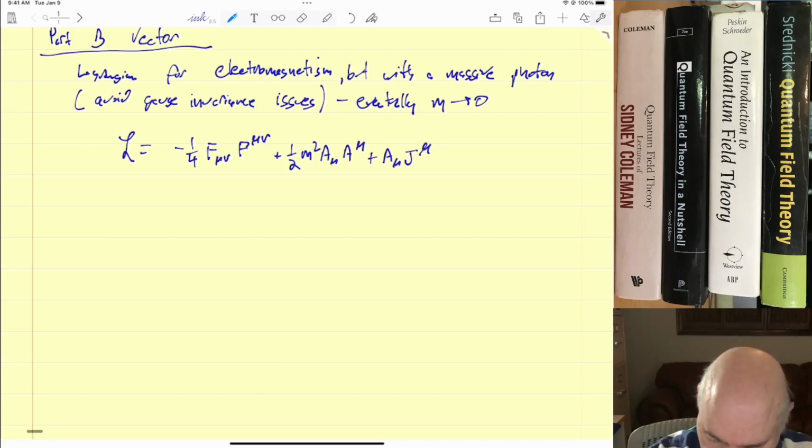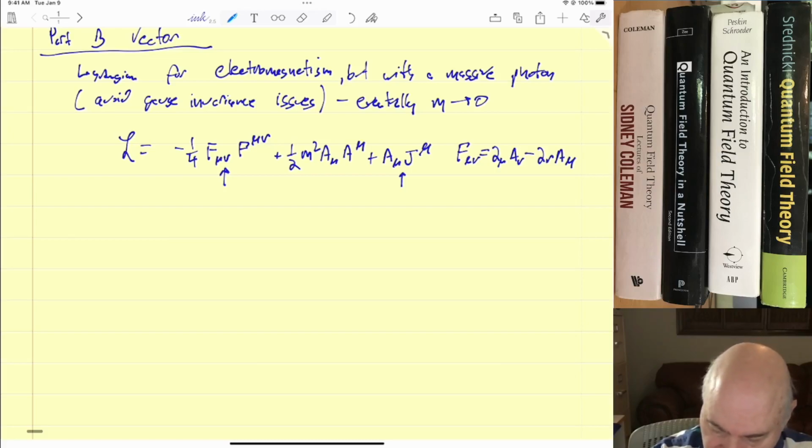A is of course our vector potential, and this should be familiar to most of you. This is the usual term, the field term. This is the coupling of the electromagnetic field through a charged particle. J is the source.